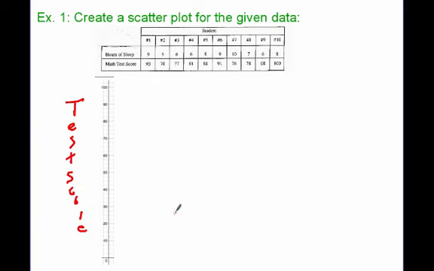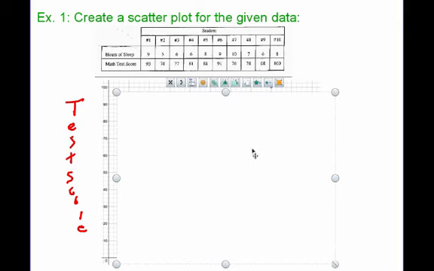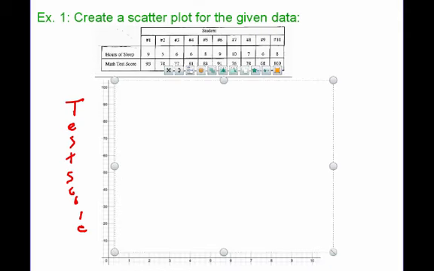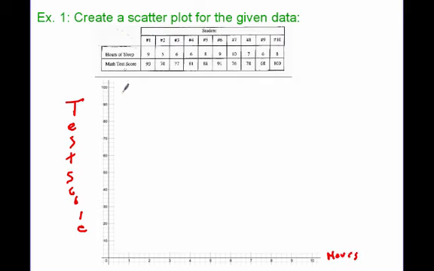And then on the bottom here, I'll shrink this down a little. My x-axis down here, this is going to be the hours of sleep. And I don't really have a whole lot of room to label these. When you do this in class, I'm going to expect you to label both the x and the y. So test score, hours of sleep.